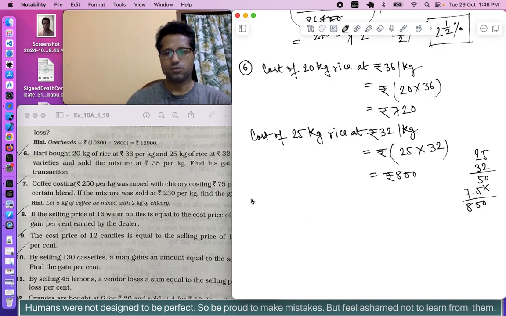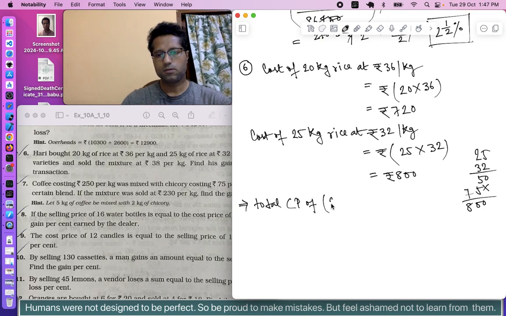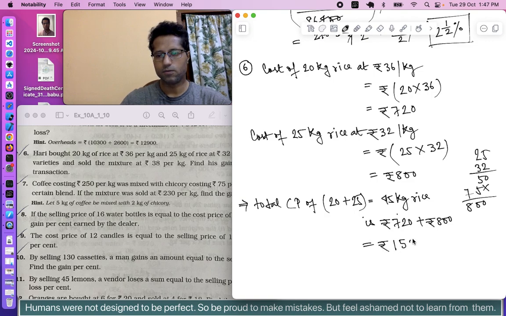So this implies that the total CP of 20 plus 25 equal to 45 kg rice is rupees 720 plus rupees 800. This is equal to rupees 1520.